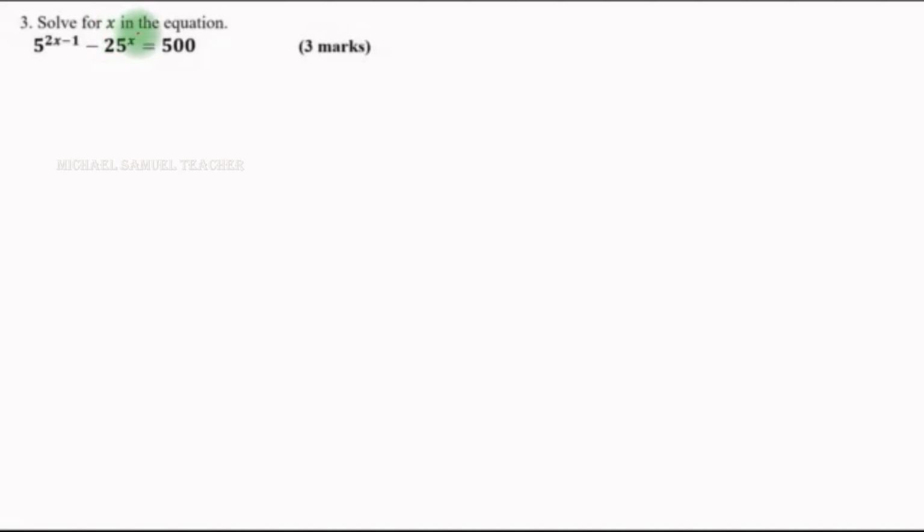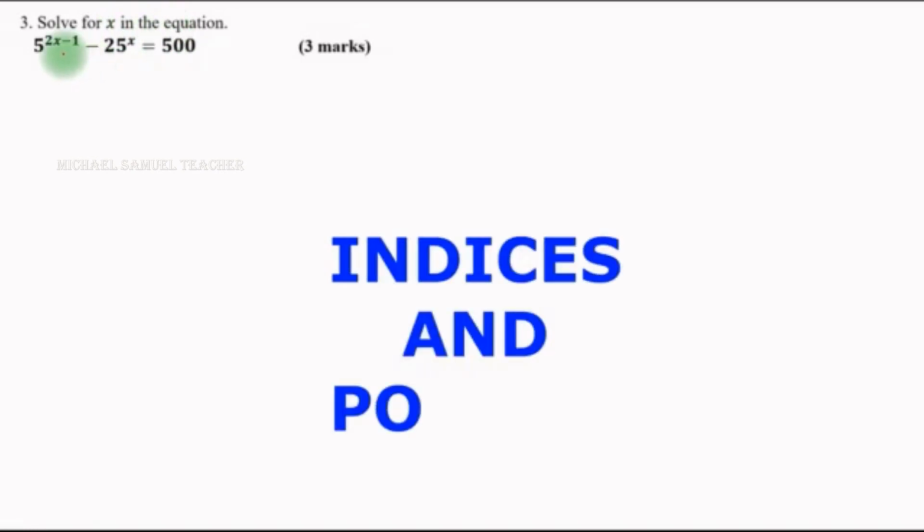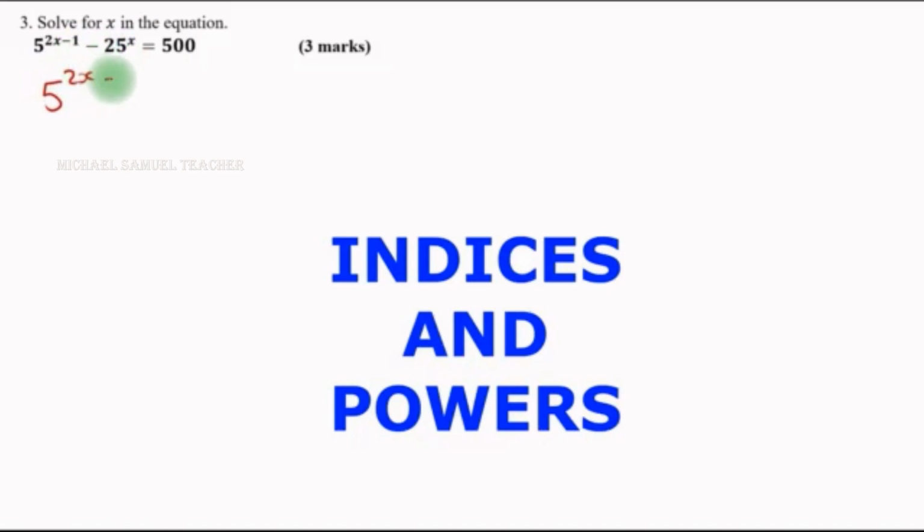Question 3, solve for x in the equation. The first thing we need to remember about powers and indices, which is very, very important. So this can also be written as 5 raised to 2x minus 1, minus 25, is the same as 5 squared times x.